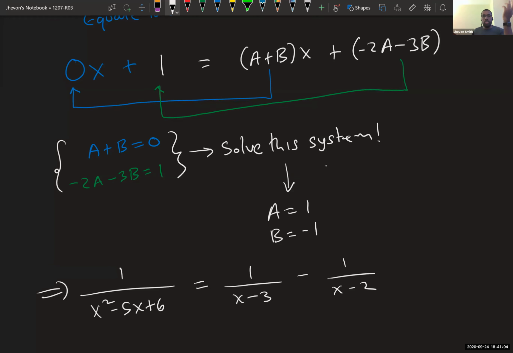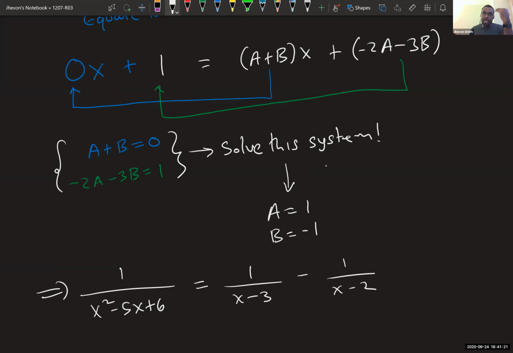Okay, so you could do something like in the first one, solve for a, you get a equals minus b, plug that into the denominator, you get 2b minus 3b equals 1, so you get minus b equals 1, b equals minus 1, then you go back, since your a is minus b and your b is minus 1, you get a is plus 1 and you can build it up.